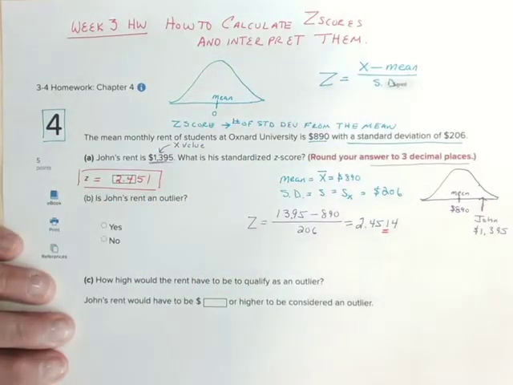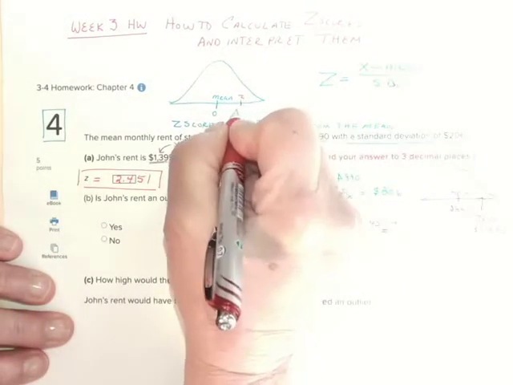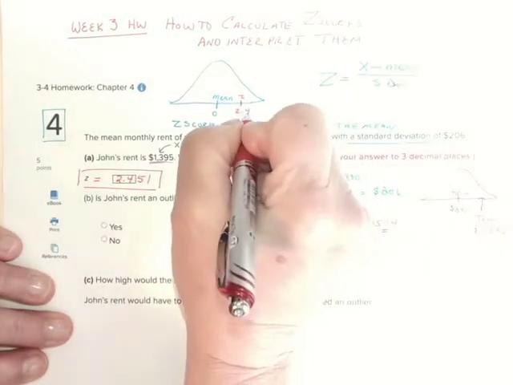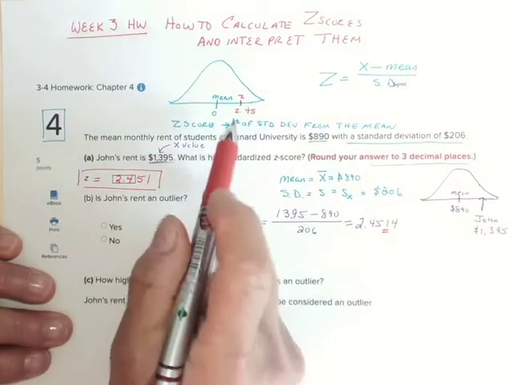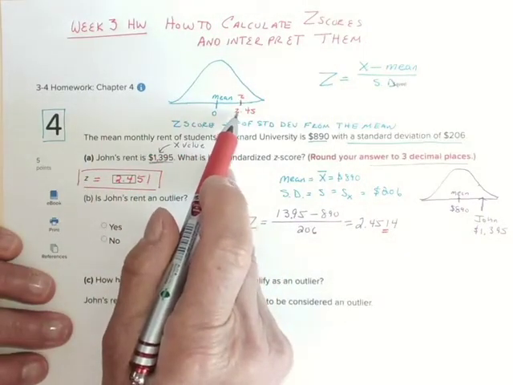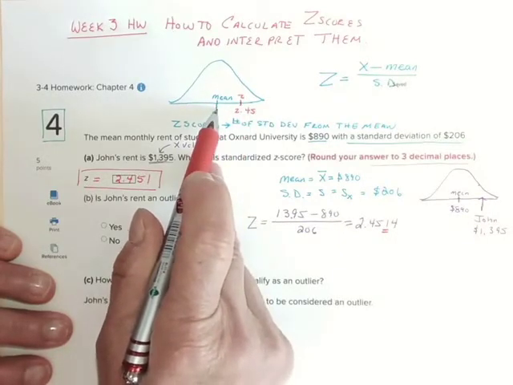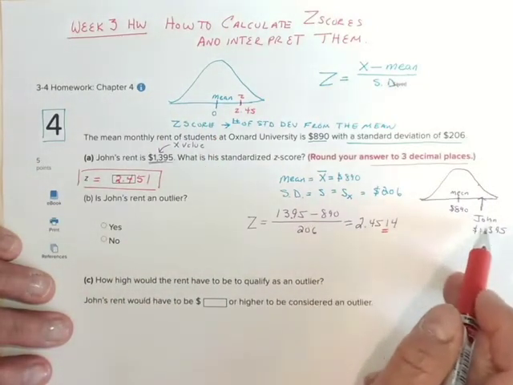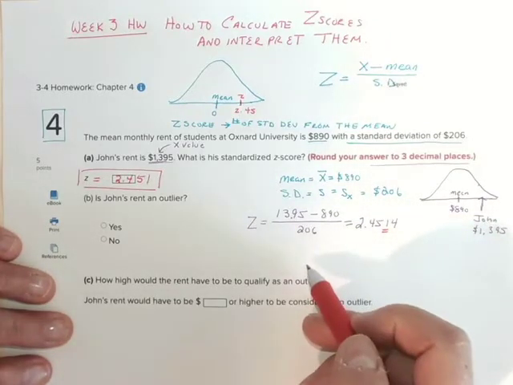And what that means is the z tells us that we are almost 2.5 standard deviations away from the mean. So this is pretty far from the mean. We're 2 standard deviations away.